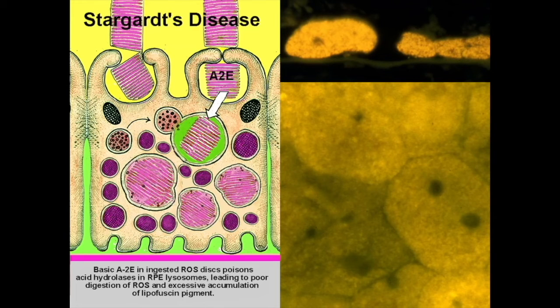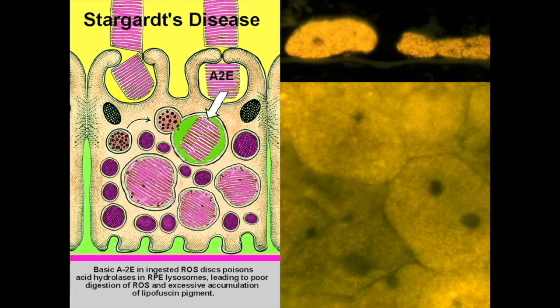The gene mutation leads to the formation of a toxic derivative of vitamin A called A2E in the outer segments of the photoreceptor cells. Again, every morning the tips of your rods break off and they're gobbled up and digested by the RPE cells through the phagolysosomal system.